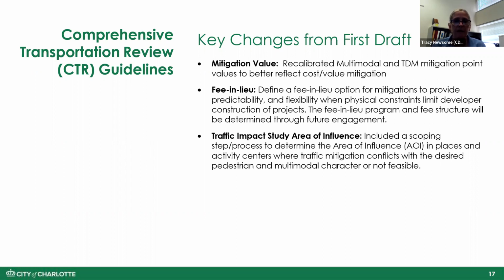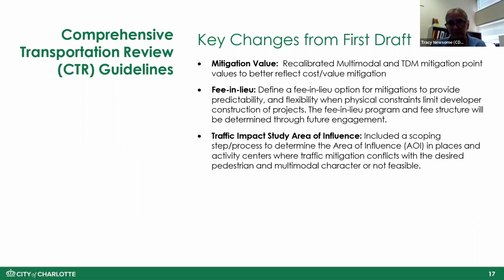And finally, one goal of the CTR is to make sure that we're being appropriate in applying context to the way we evaluate transportation impacts. So we included a new step in the scoping process.